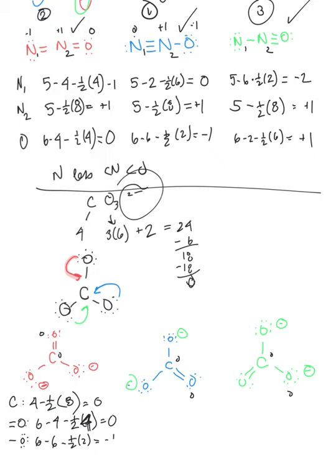The question then becomes, which of these is the best structure? All of these structures have a formal charge of 0 on the carbon, and they have 2 negative ones, each on a different oxygen. So none of these structures is better than the others. They're all equivalent.